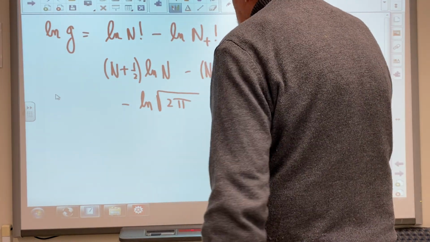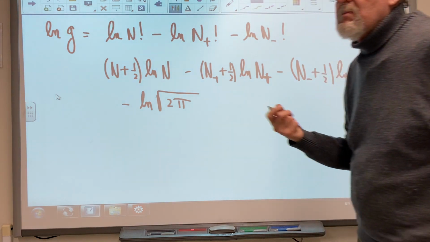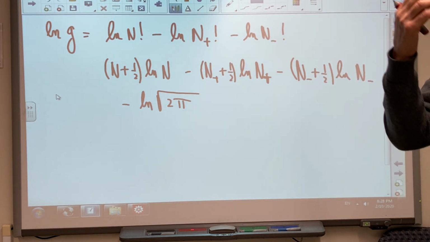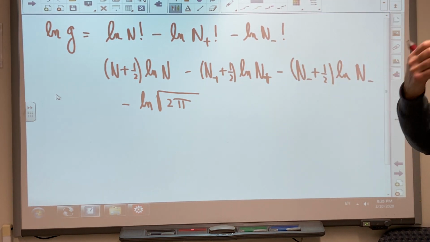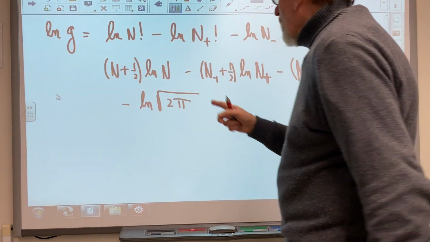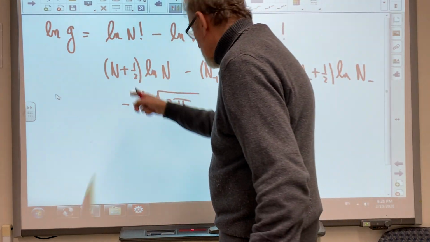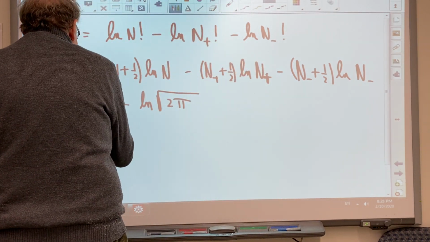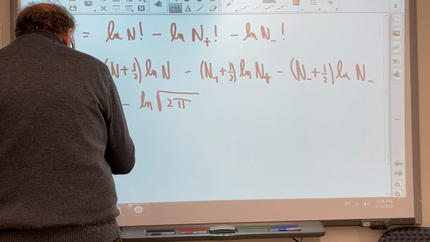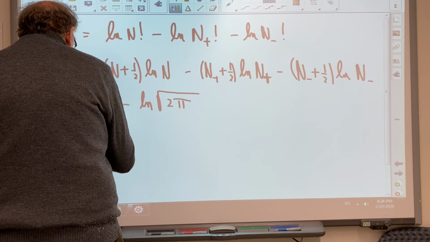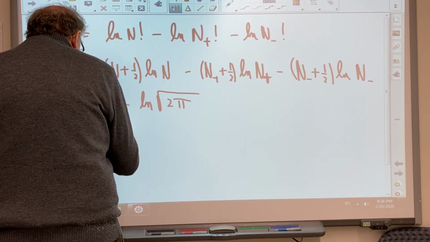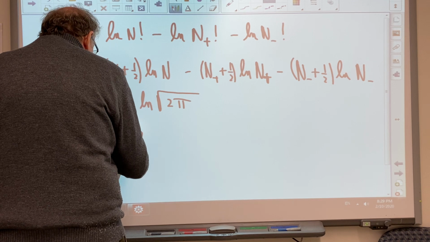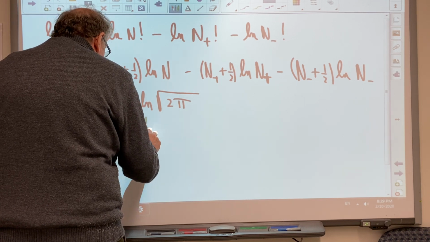This is just mathematical details, but I want to express things in terms of n plus over n and n minus over n and things like that. So, for example, one thing which I will do is write this number as n plus 1/2 plus n and minus plus 1/2 minus 1/2.